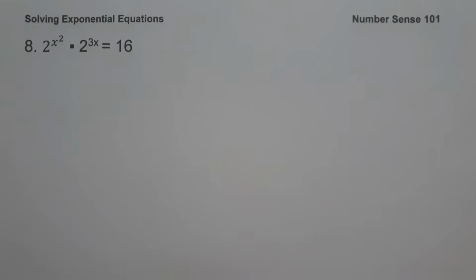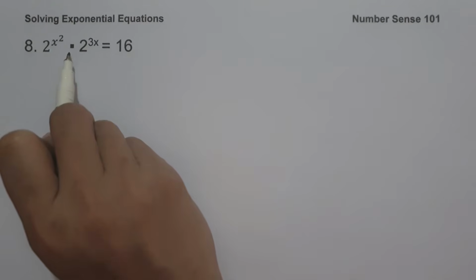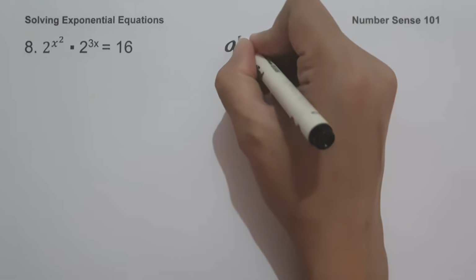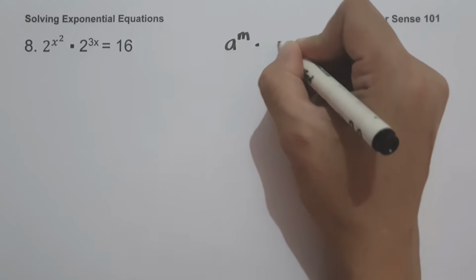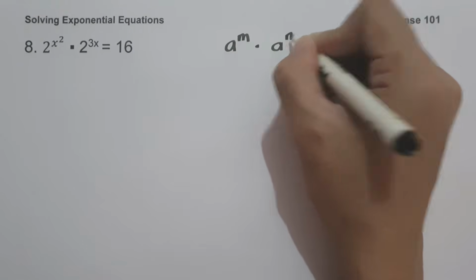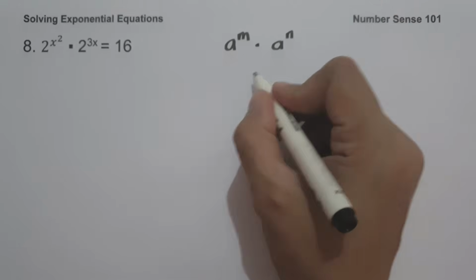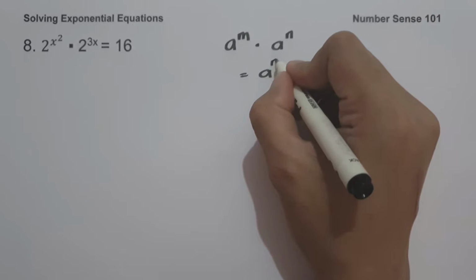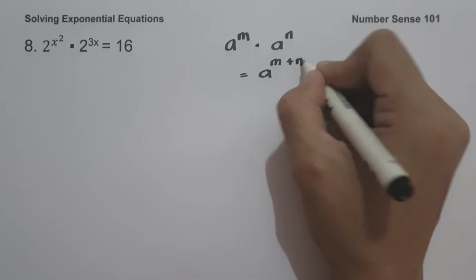On example number 8, we have 2 raised to x squared multiplied by 2 raised to 3x equals 16. So as you can see, we have a multiplication. So to simplify this one, let us use the idea a raised to m multiplied by a raised to n. Since we have the same base, let us copy the base and let us simply add their exponents, that is m plus n.